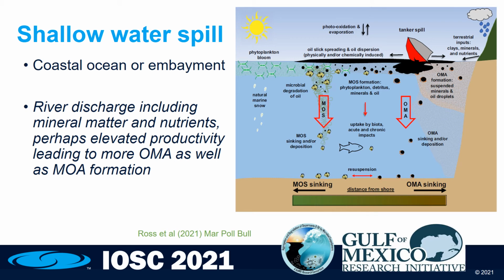But we may instead see OMA formation because there'll be more likely inputs from riverine sources as well as shorelines, which contribute clays, minerals, and other organic matter that's going to interact with the oil and lead to its sedimentation. So we're going to see a gradient from OMA sinking close to shore to MOSSFA sinking as you go further offshore.